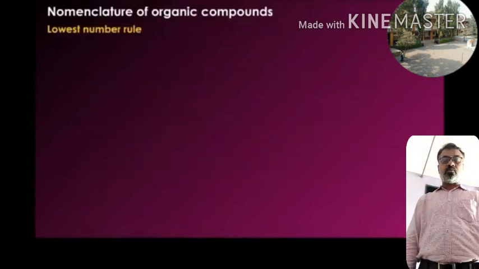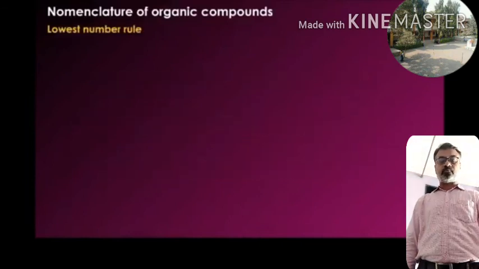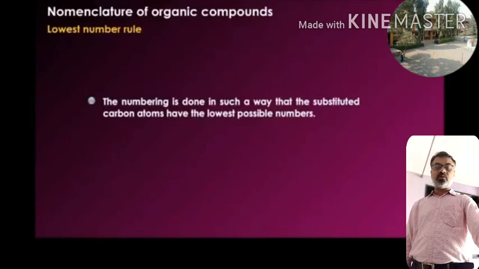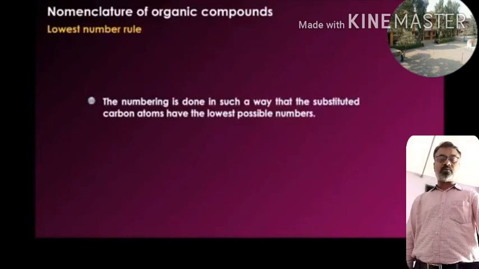The next rule is the lowest number rule. The numbering is done in such a way that the substituted carbon atoms have the lowest possible numbers.